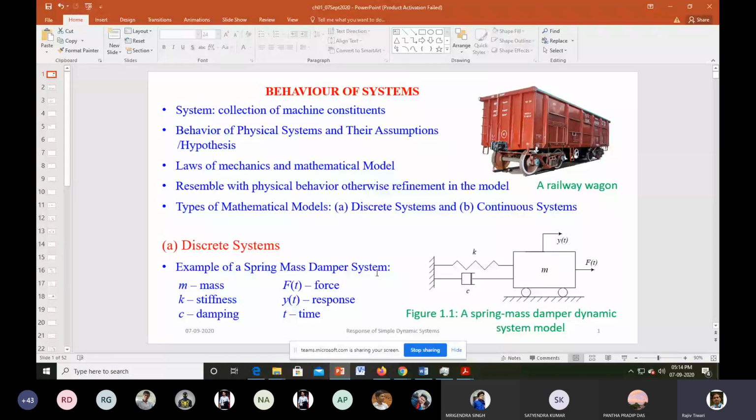Once we say a particular body has mass, we are assuming that there is no stiffness in it. When we say a coupling has damping or stiffness, then it has no mass. That kind of assumption is called a discrete system. This will become clearer, the discrete system and the continuous system, in the next slide.